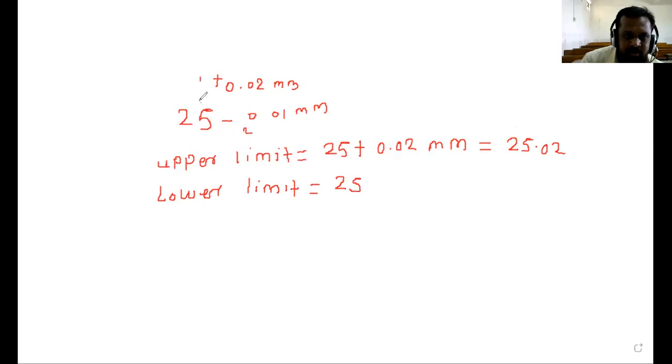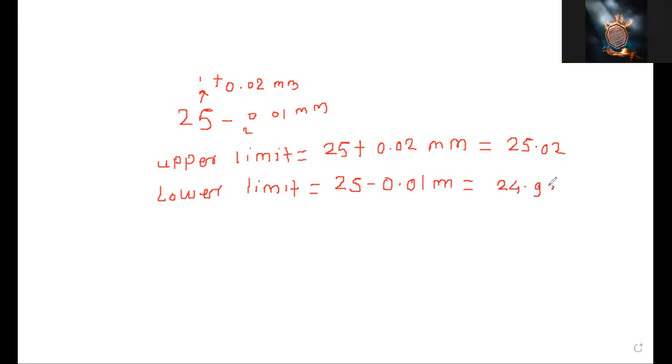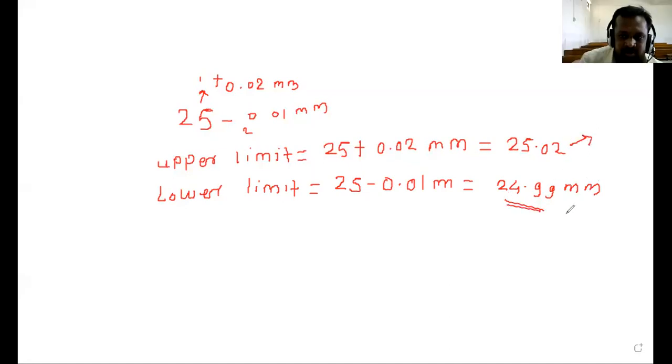Here it is plus, and the other is given as minus, so I will subtract it: minus 0.01 mm. Then it will become 24.99. Now this is the maximum permissible value, this is the minimum permissible value, and this is the exact value.